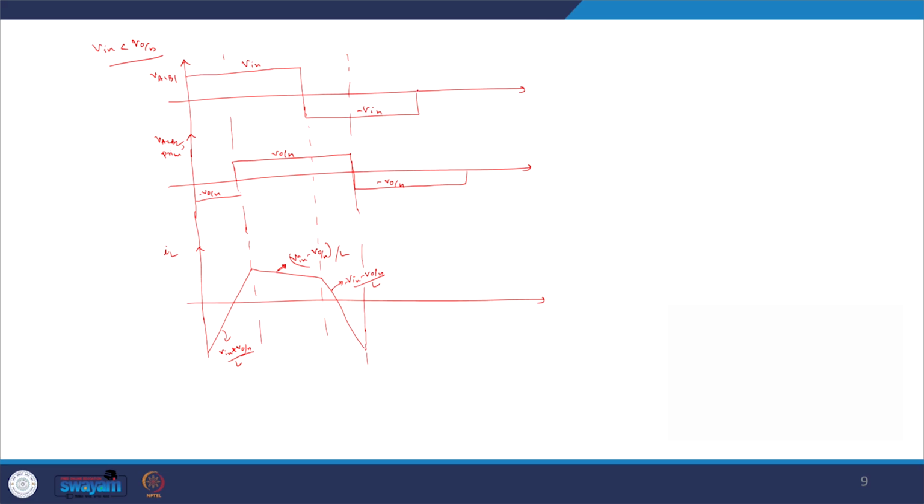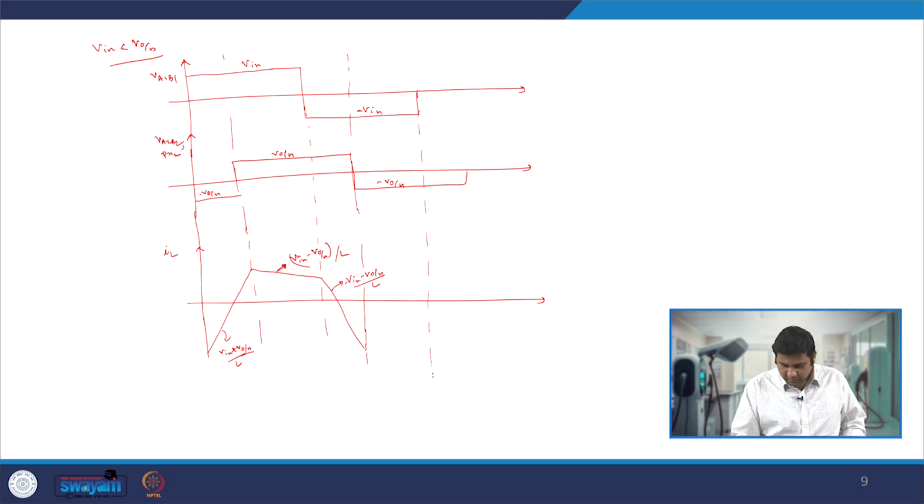And finally, from this point to this point, we have a slope going in this way, and this slope is nothing but minus V in plus V naught by N by L. Since V naught by N is greater than V in, this slope is positive.